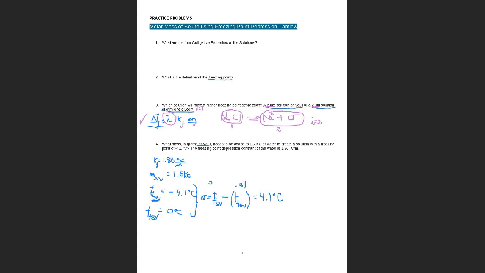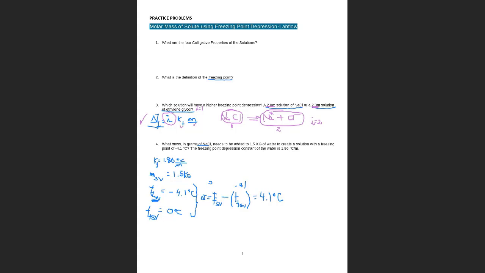And we can calculate. You said it's always the solvent minus the solution? The delta T is always positive. So for freezing point, yes, always. If we are talking about boiling point, because it's boiling point elevation, you are going to do the biggest minus the smaller, but it doesn't matter.